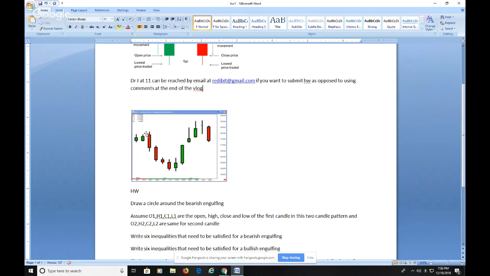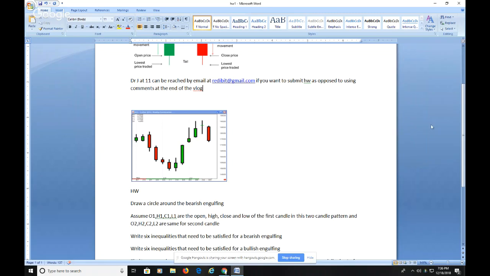An engulfing candle is when we have a change in color, red to green or green to red, and the body of the second candle engulfs the body of the first, and the wicks are higher. It makes a higher high and a lower low. So all of that is necessary.